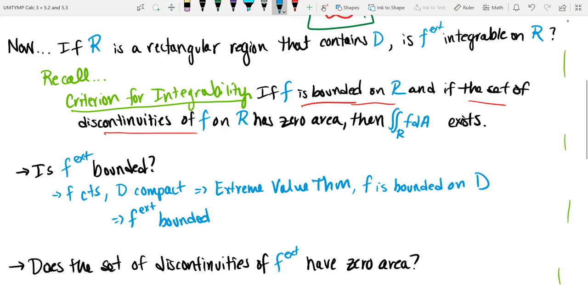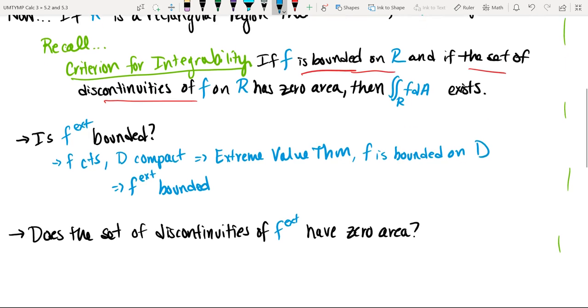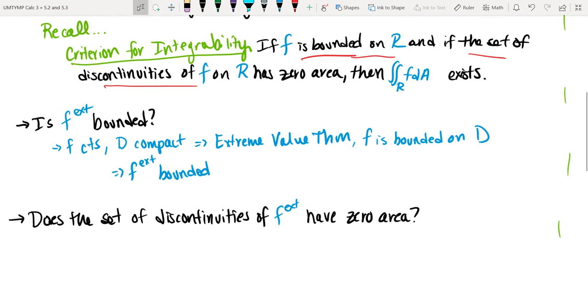So yes, we have bounded, so maybe it's integrable. Then the next thing is, does the set of discontinuities of f extension have 0 area?